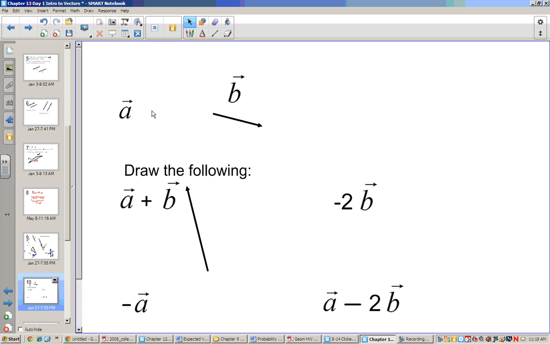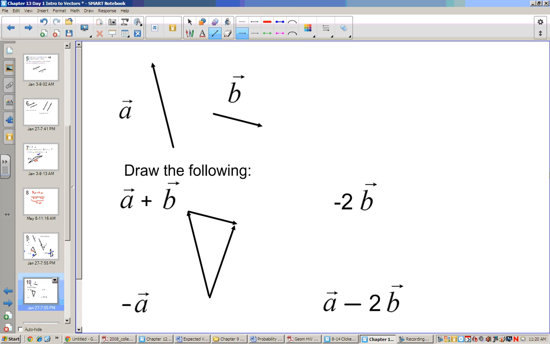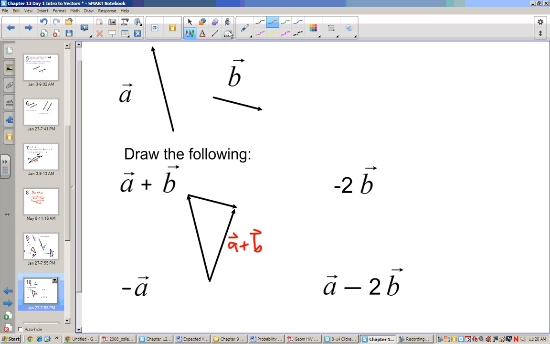All right, so if I was going to do A plus B, I would do A. Oh, I should clone these first. So I'll take A, put B at the end of A. So A plus B goes from the beginning of A to the end of B. So that would be A plus B. Negative A, I'll just draw this in the opposite direction and pull it down here.